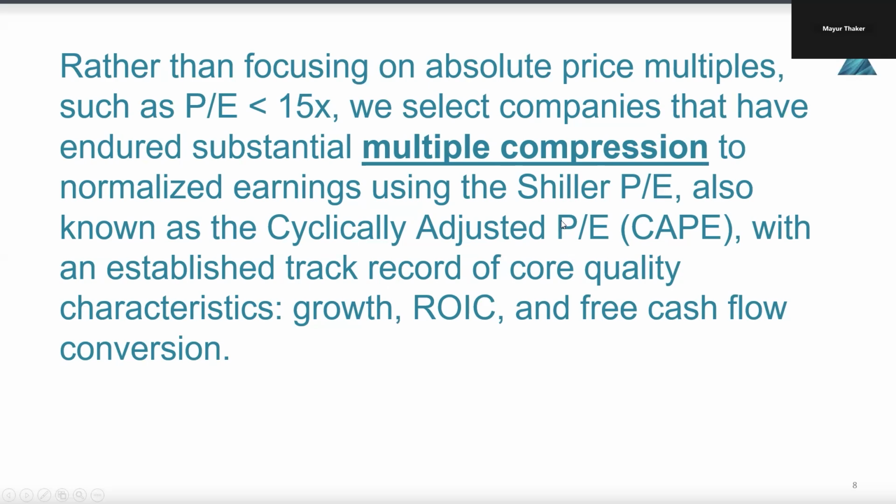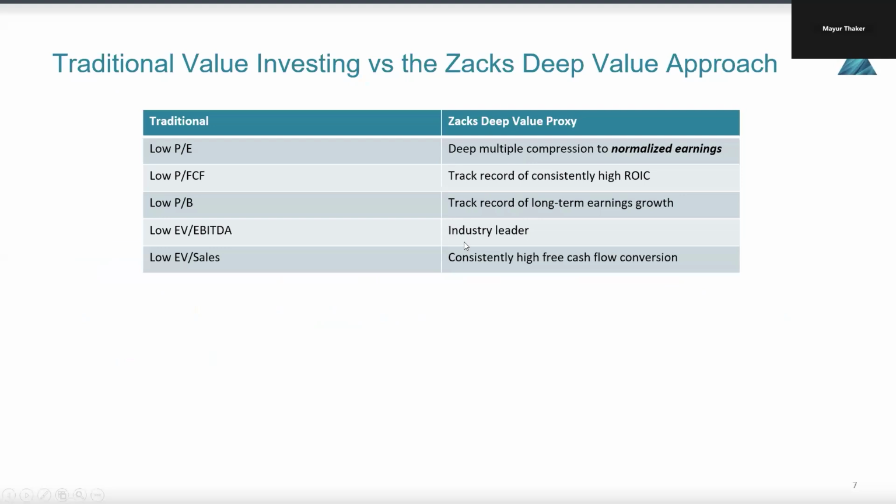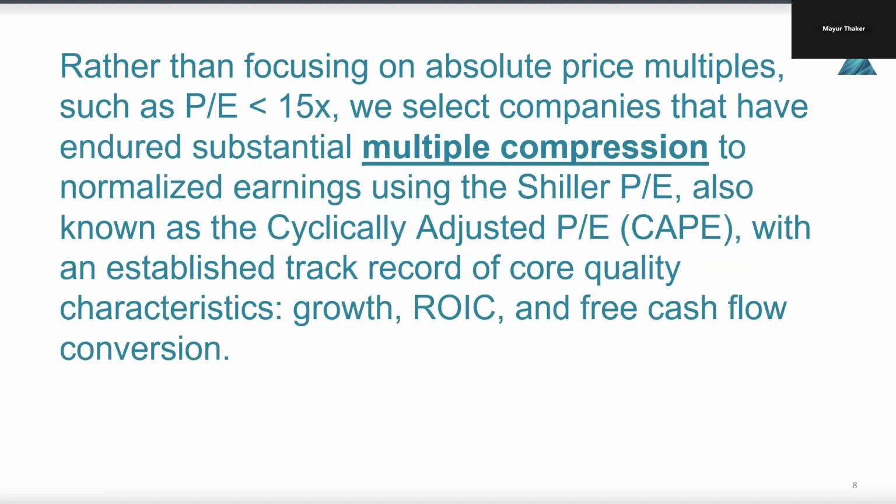So again, if we combine all four of these together, a deep multiple compression according to Shiller PE, a long-term track record of compound growth, high ROIC, and free cash flow conversion, and then finally top it off with the fifth principle, which is qualitative analysis on whether they are an industry leader, and as long as they're not being disrupted by another company or another technology, these five together give us a high level of confidence that the companies we're picking right now are true deep value opportunities and not a value trap, which is what most value-oriented equity strategies suffer.